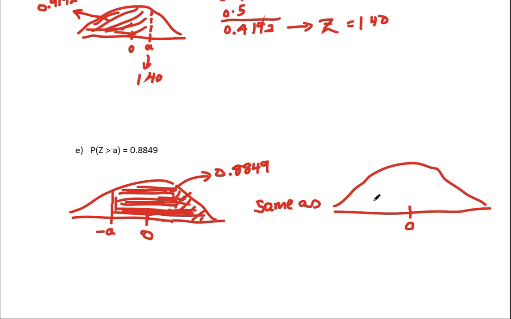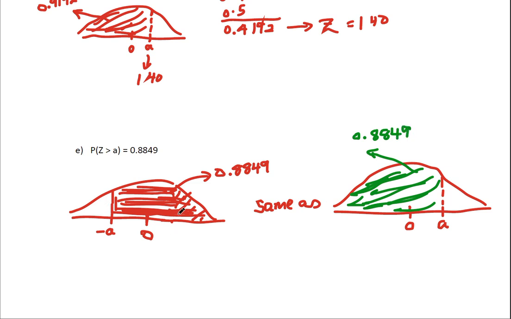In other words, the area to the right of negative A would be the same as the area to the left of positive A. And this is because the curve is symmetric, so the area on both the left and right are equal. In the same way that the area to the right of negative A produces 0.8849, the area to the left of positive A would also give us a probability of 0.8849.